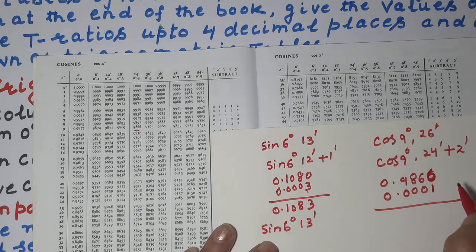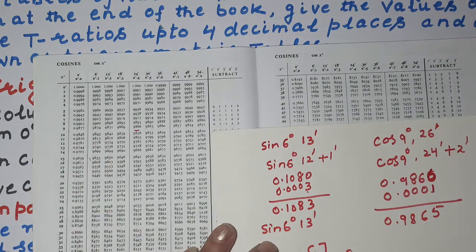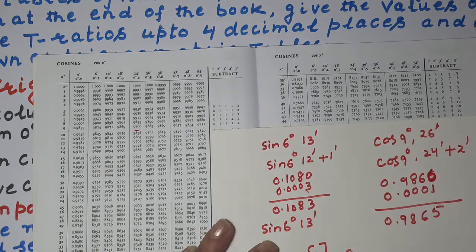Why? Because we know that for cos, for all the c's, the mean difference value has to be subtracted. So 6 minus 1 is 5, so 0.9865. This is your value for cos 9 degrees and 26 minutes.